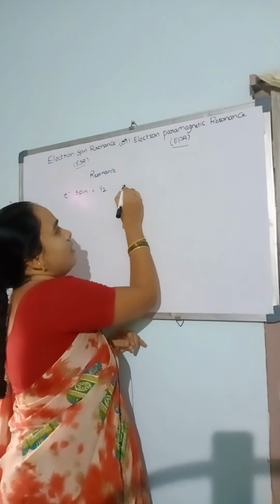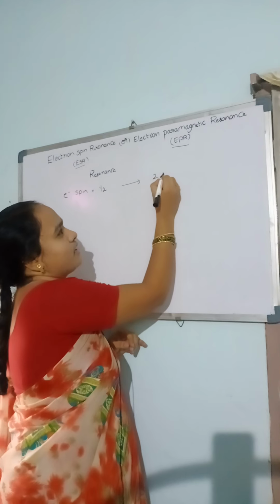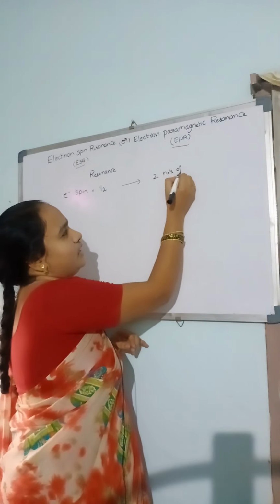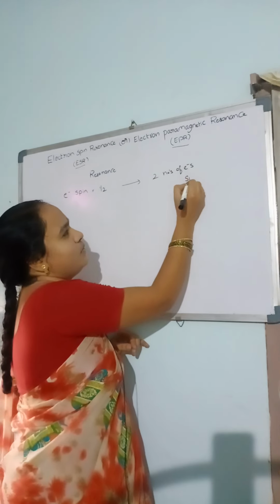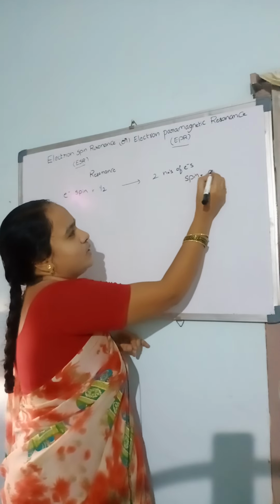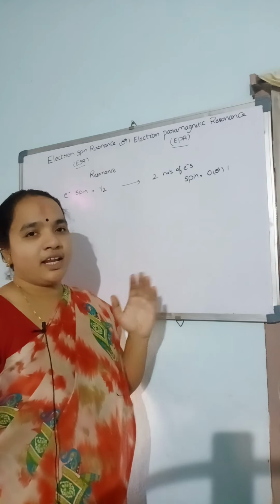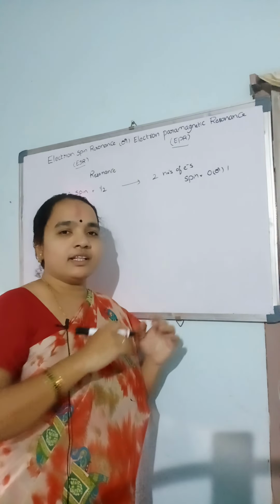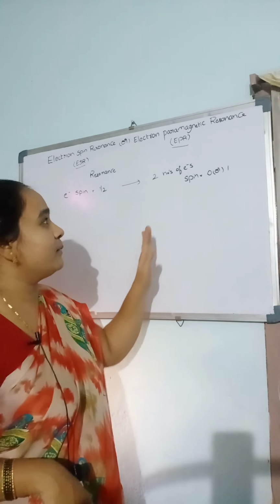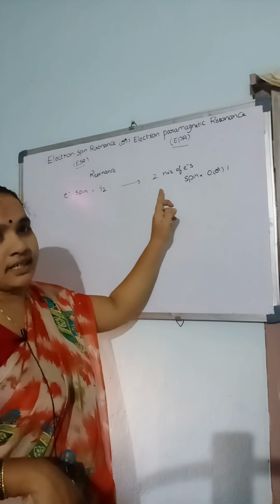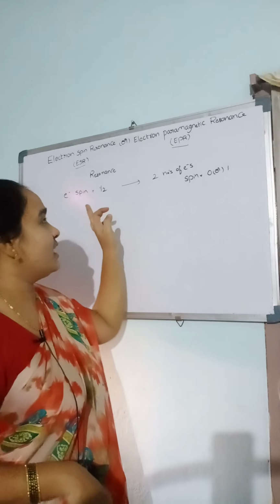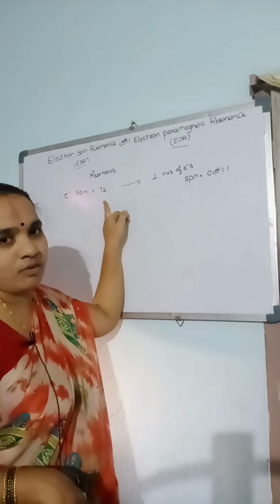If there are two electrons, then the resultant spin is equal to either 0 or 1. So these spinning electrons may not orient in the direction of the external magnetic field. So compulsorily the atom should possess one unpaired electron in the outermost orbit.